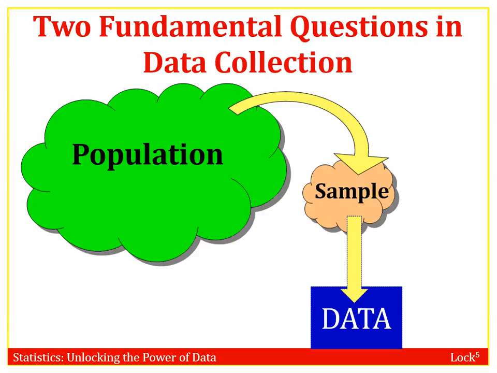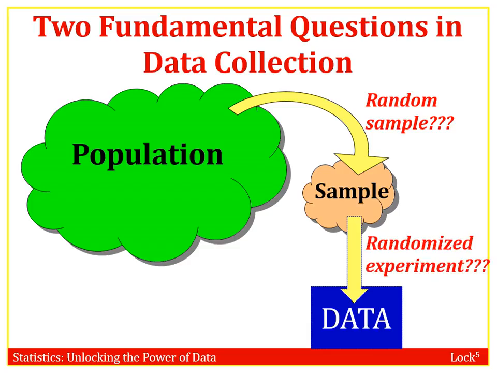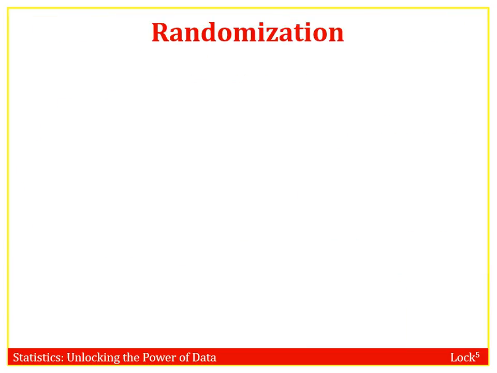So we have a population, we collect our sample, we make conclusions about that data. But you need to ask yourself, was the sample randomly selected? Was the treatment randomly done? Was it an experiment?